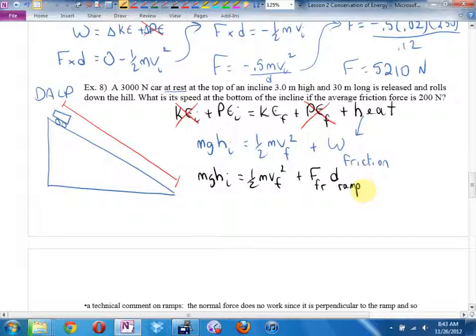I think I'll have this: mgh initial minus force of friction times d, and then I guess I would divide by 0.5 m. I think that equals vf squared.